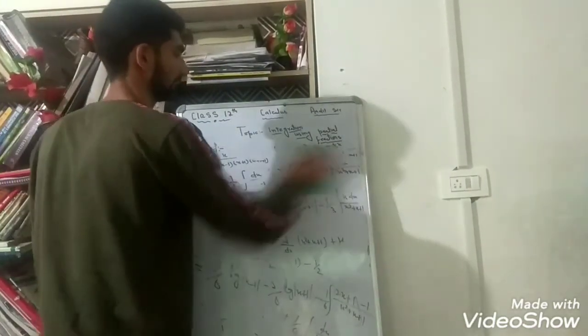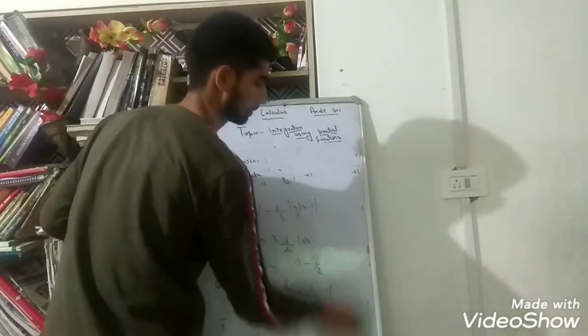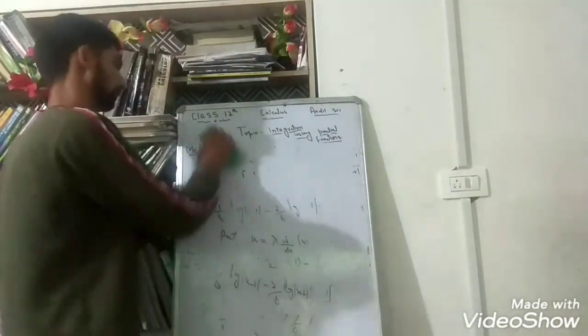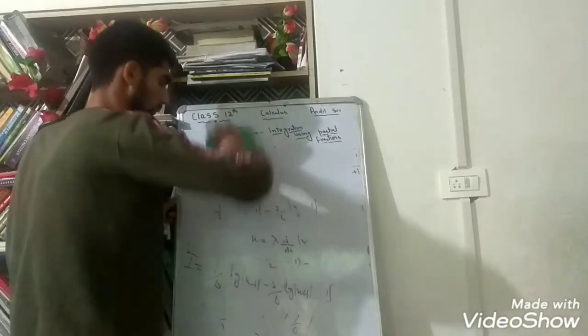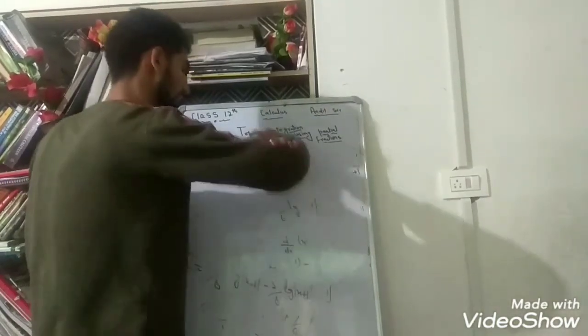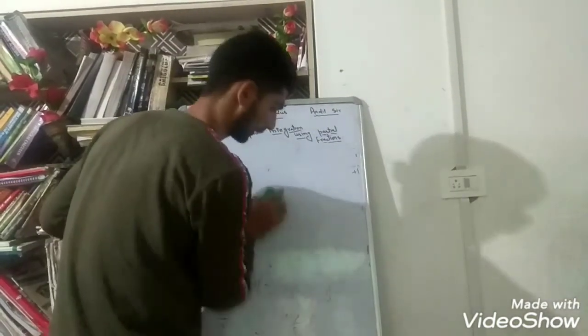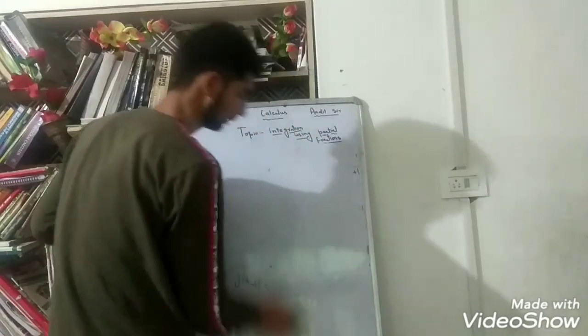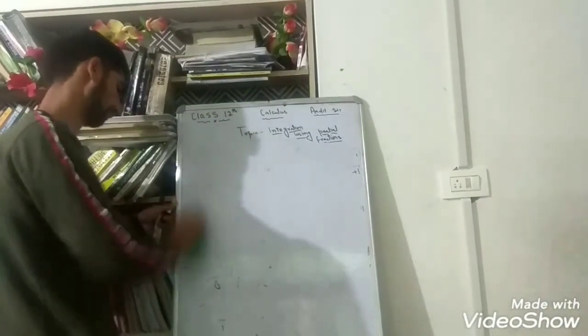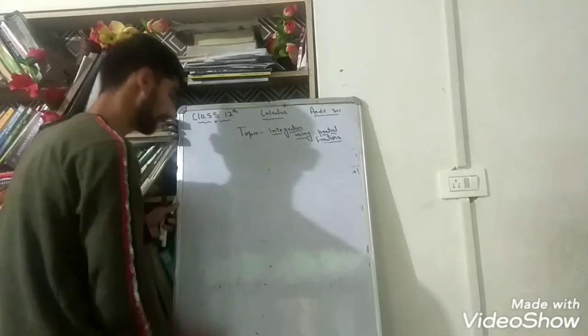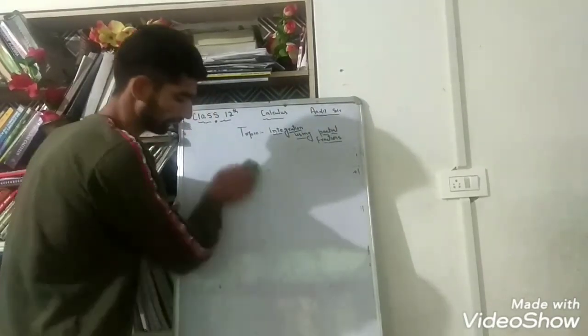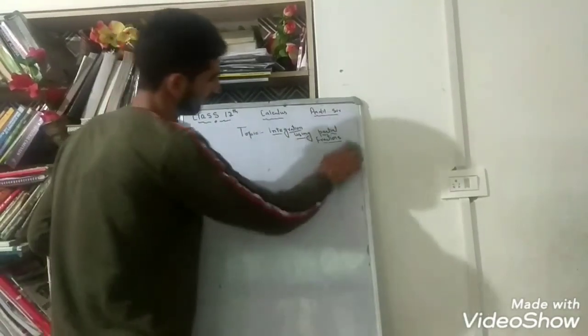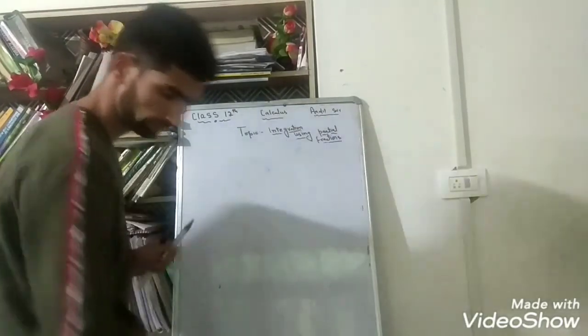This was the first example, and you have to follow this method to find the solution of all of them. You have to convert first your fraction into the sum of partial fractions, and after that you have to find out the values of the constants A, B, and C. Then you have to integrate on both sides. This was my final.